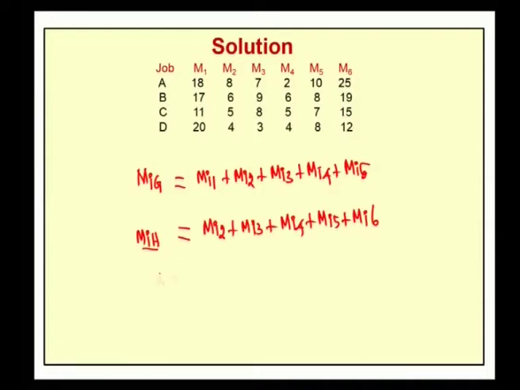Now, for job A, the processing time of machine G is nothing but the sum of processing time of machine 1, machine 2, machine 3, machine 4, machine 5. If you sum this processing time, we will get the processing time of job A under machine G, which is 18 plus 8 plus 7 plus 2 plus 10, which is 45.